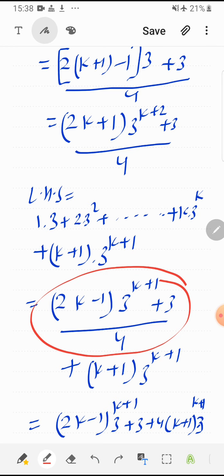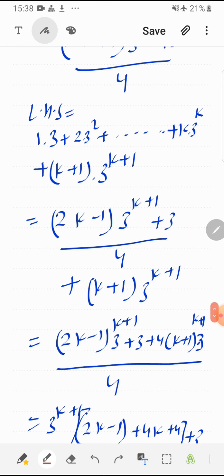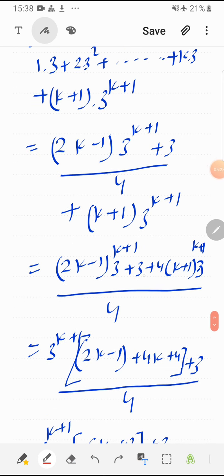Now you can see, carefully take the LCM. So 4 will be multiplied to this. Now again take 3 to the power k plus 1 common from these two terms. When it is taken, write 3 in the last like here, and take 3 to the power k plus 1 common.